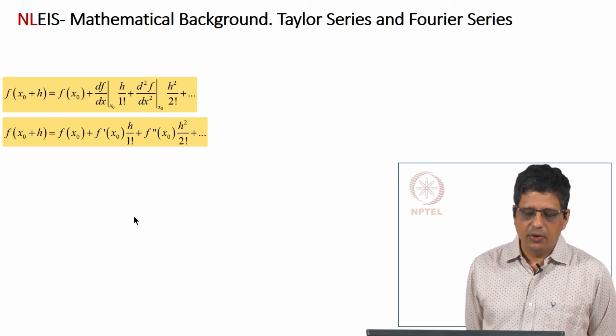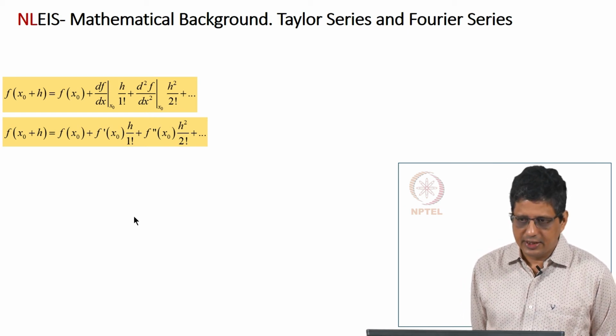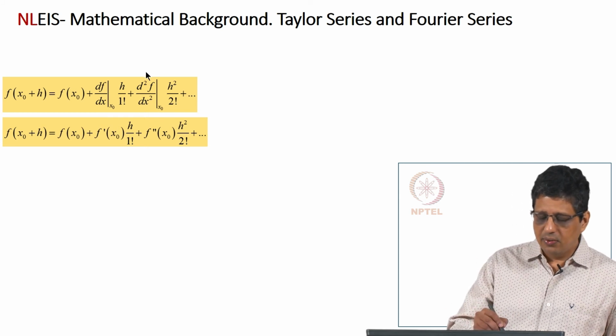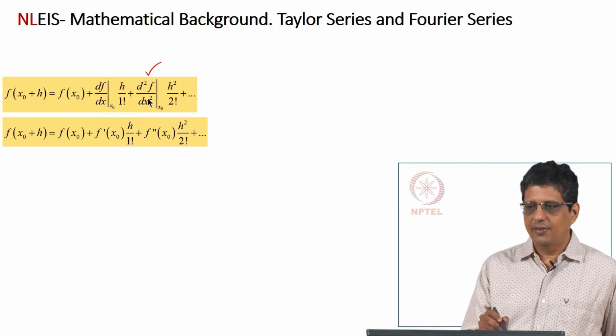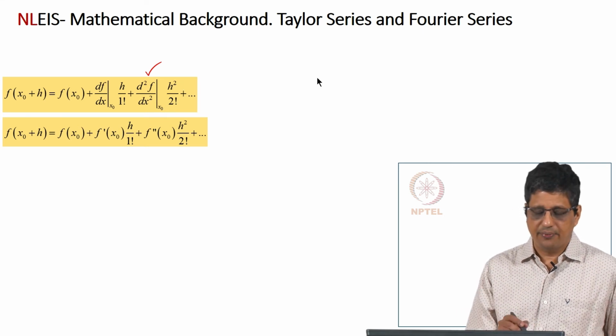Okay. So, we would write f of (x0 plus h) as f of x0 plus the first derivative evaluated at x0 multiplied by h by 1 factorial, plus the second derivative evaluated at x0 multiplied by h squared by 2 factorial, and so on.